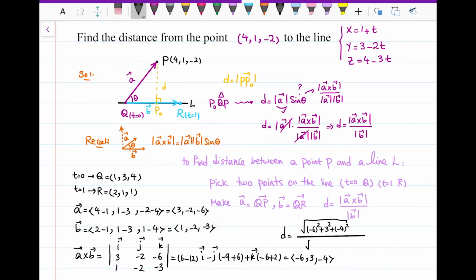The length of this vector would be 1 squared plus negative 2 squared plus negative 3 squared. So D would be square root of 36 plus 9 plus 16. So 16 and 9, 25, plus 36, this is 61, over square root in here, the 1 plus 4 plus 9, 14.